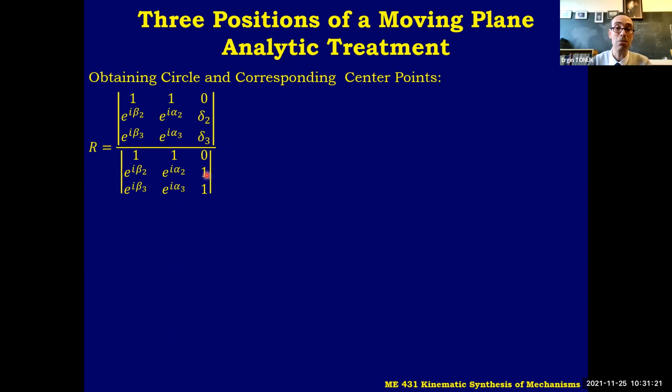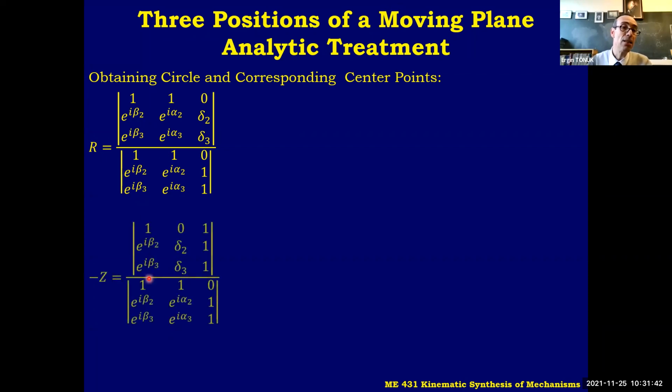It's the ratio, and it can be calculated very easily on computers. So that gives the location of the center point once you select a pair of beta 2, beta 3 angles.